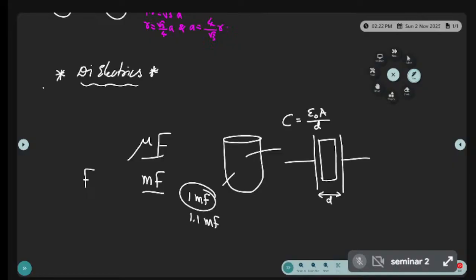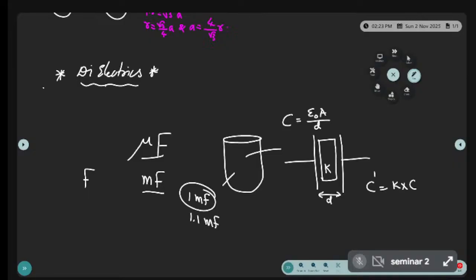What is this rectangle? Dielectric material. Where is it kept? Between the plates. This material's dielectric constant is K. So now after introducing the dielectric material, its capacitance is C prime, which is equal to K times C.